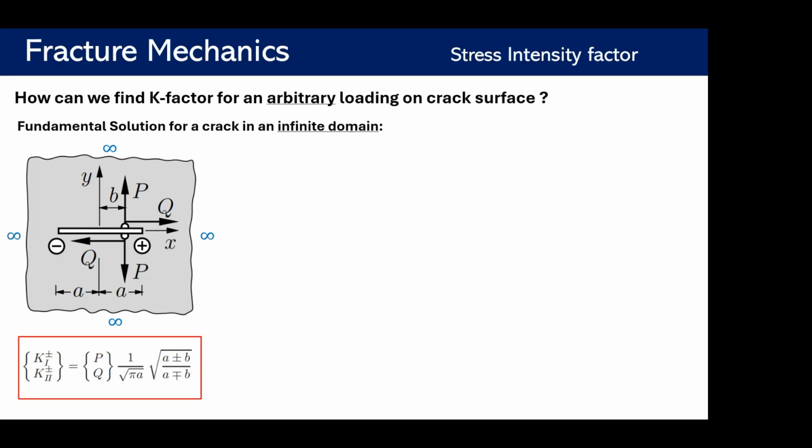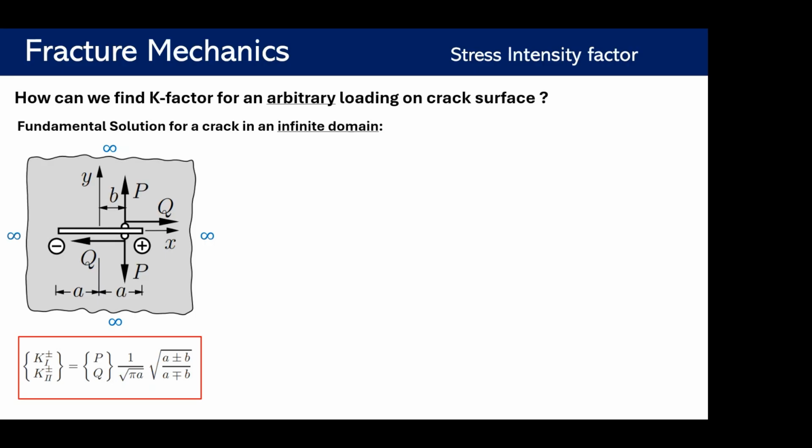This problem is not a symmetrical problem. So we might expect that the stress concentration on the right fracture tip would be higher than the left one. Yes, because P is applied on the right side of the fracture. So stress concentration should be higher on the right tip.